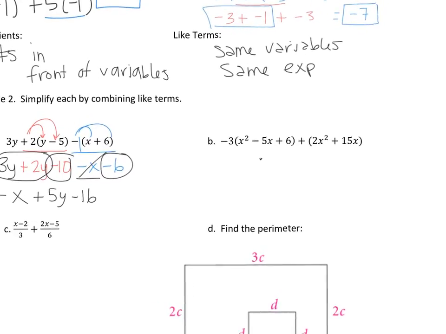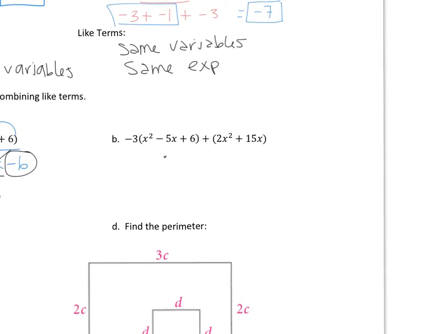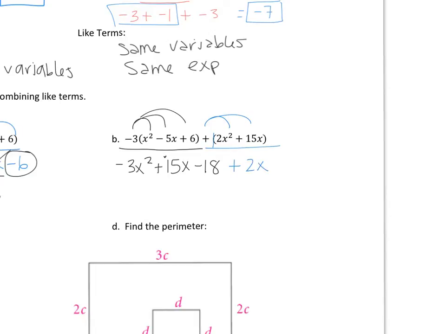So letter B, I'm going to do the distributive property again on this part, so it's going to be negative 3x squared plus 15x minus 18, and then do the distributive, well, this is you're distributing 1, so it's not going to change it. 2x squared plus 15x.